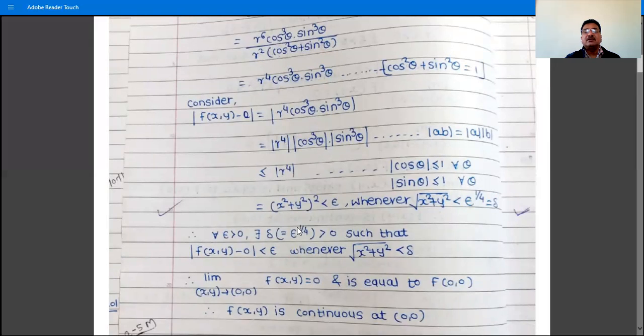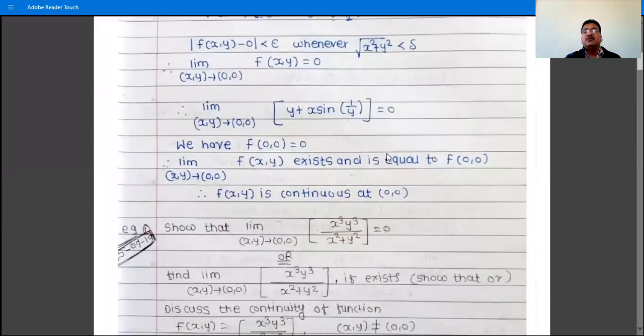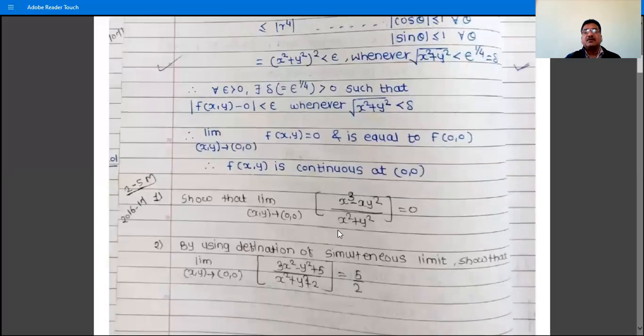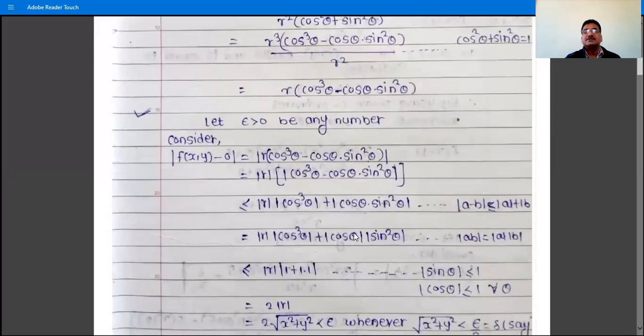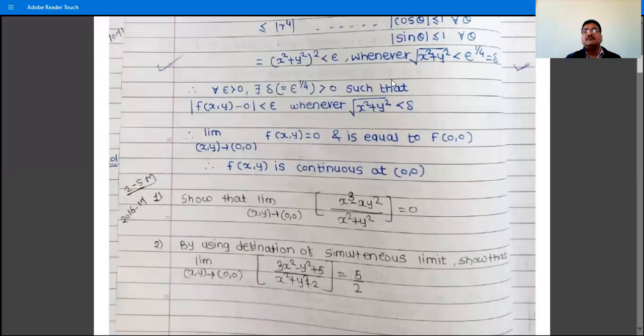So write less than or equal to r raised to 4, which is (x square plus y square) whole square, less than epsilon whenever. Taking the 1/4 power of both sides, we have this root x square plus y square. 2 by 4 means 1 half, so the root is less than epsilon raised to 1 by 4, that is delta.